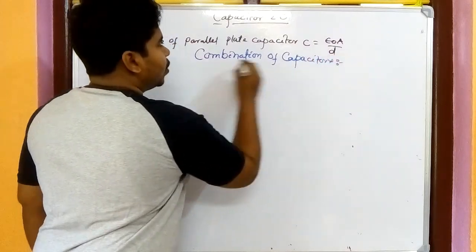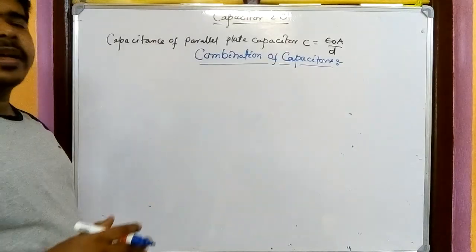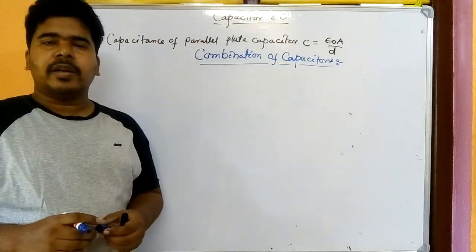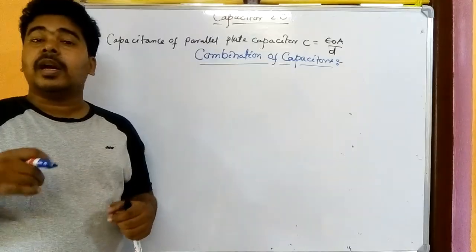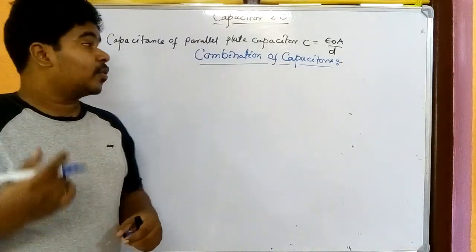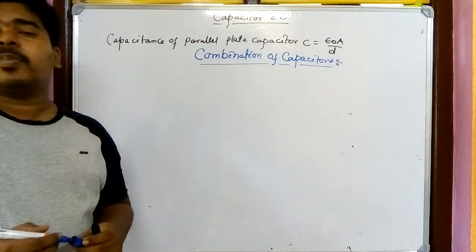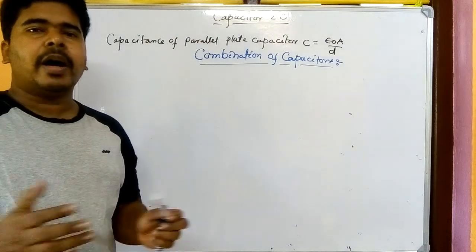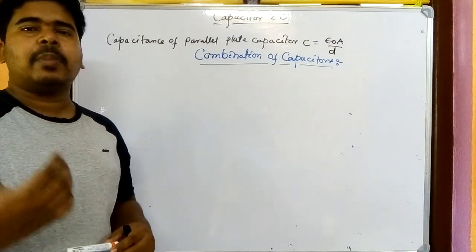Remember, to find the desired resistance we combined the resistances. The resistors we just combined to find the desired resistance in a circuit. Similar thing we do here also. To find the desired capacitance we combine the capacitors, mainly parallel plate capacitors.